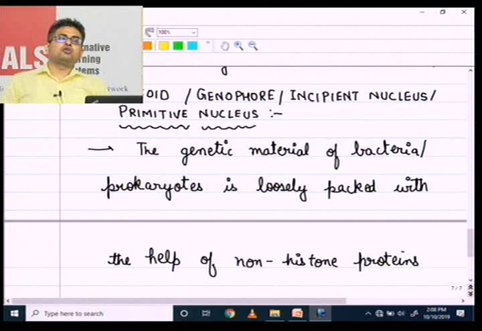Non-histone proteins make up the nucleoid or the primitive nucleus.